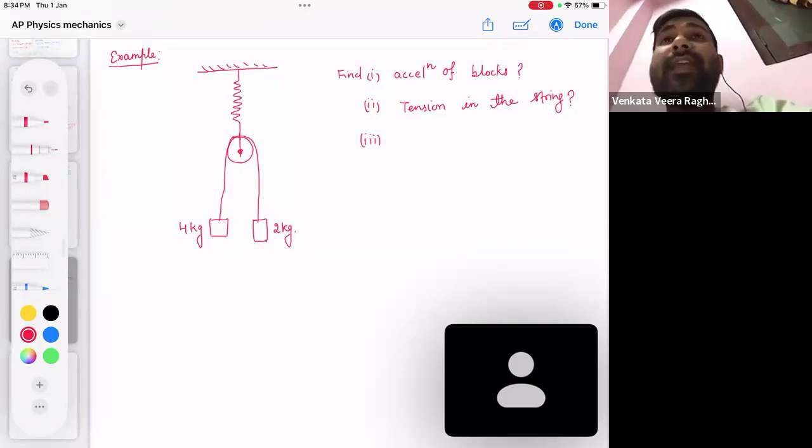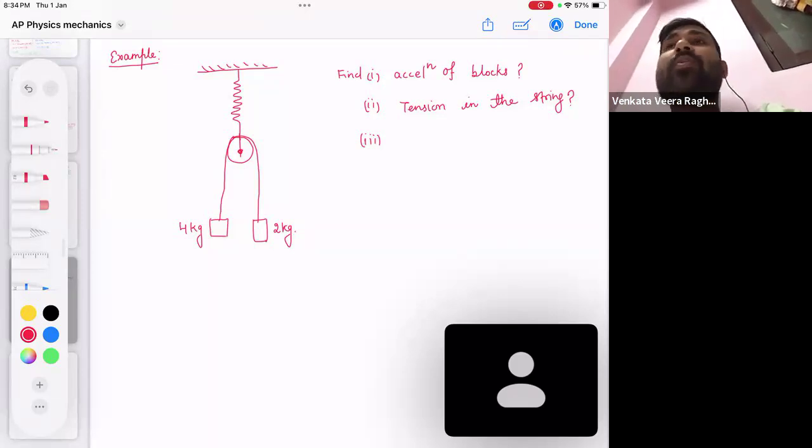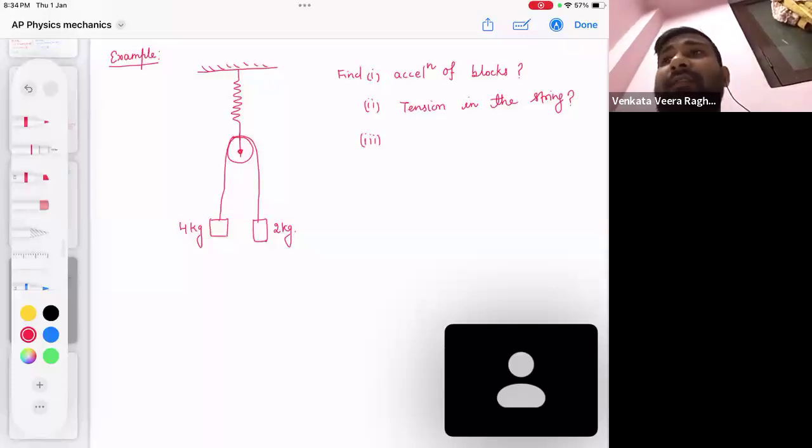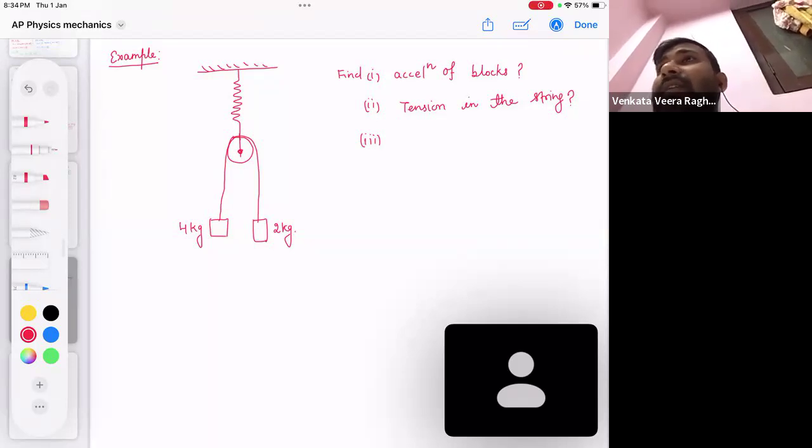Same way, there is a weighing scale also. What is the reading of a weighing scale? What is the normal the weighing scale is experiencing? That normal is nothing but the reading of a weighing scale. Understood? So when they ask the reading of a spring balance, they are just asking what is the spring force.